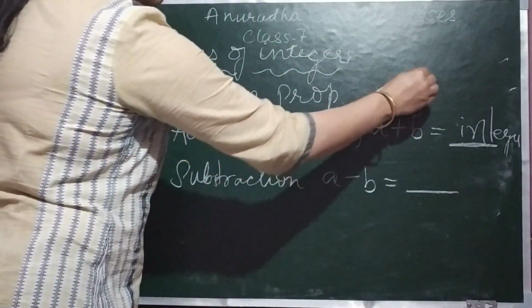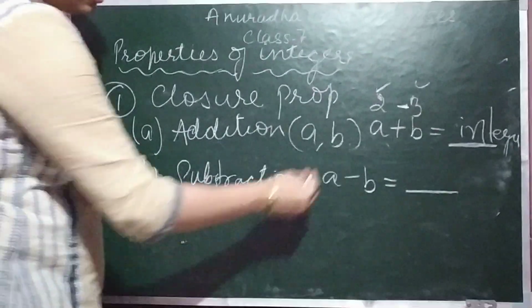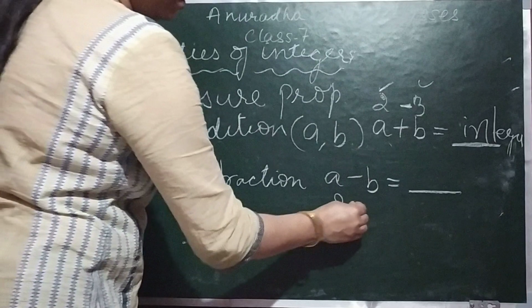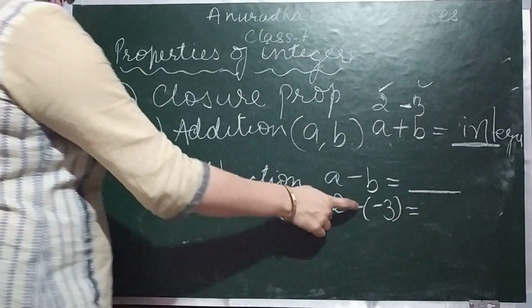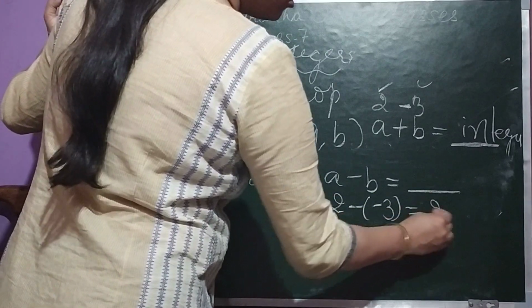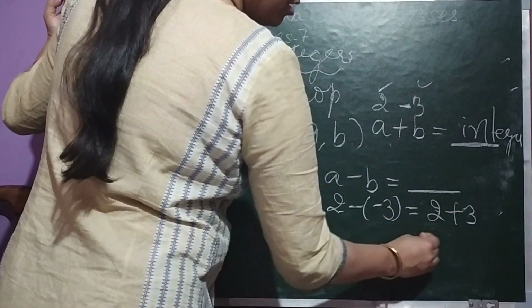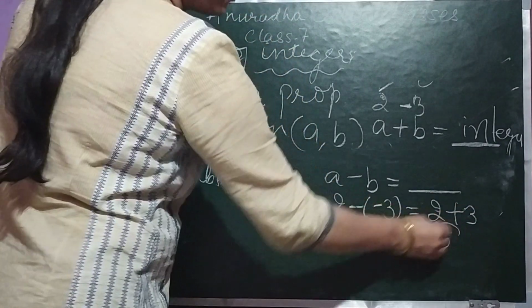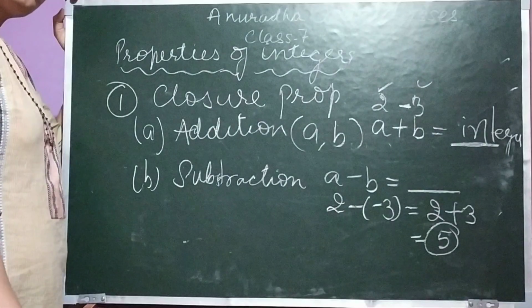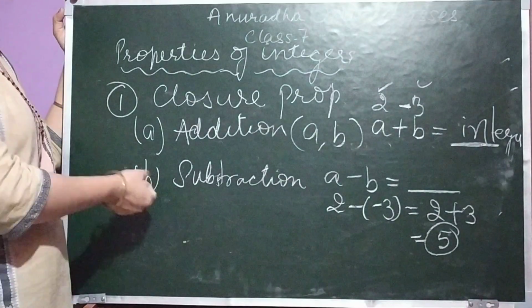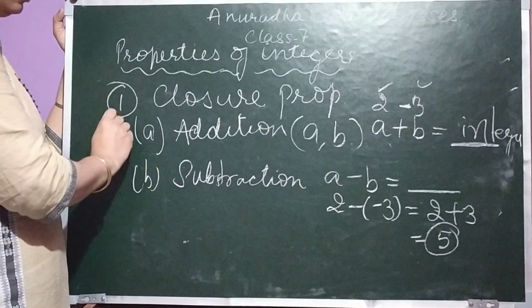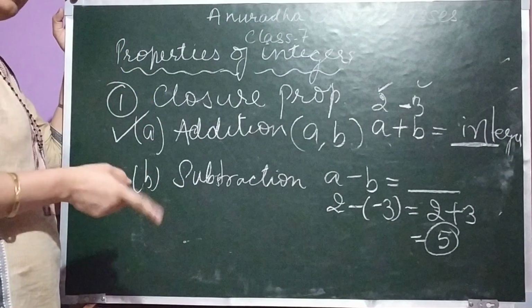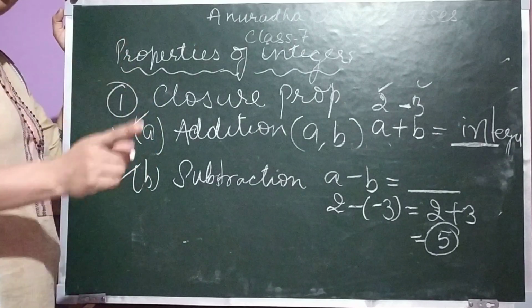Suppose we take the numbers 2 and minus 3. What do you get? 2 minus minus 3 is 2 plus 3. This is 5. So is 5 an integer? Yes, definitely it is also an integer. So closure property is applicable for addition of integers as well as for subtraction of integers.